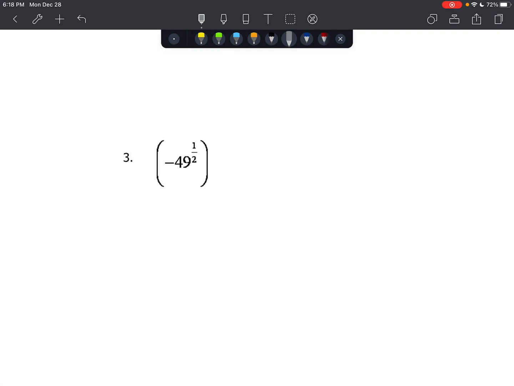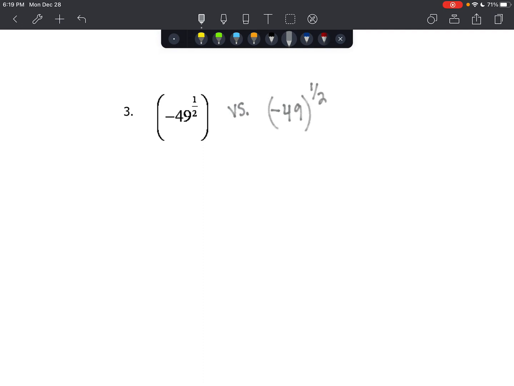Now in this next problem, I'm not sure if we meant to type the parentheses the way we did. I should say, instead of "or," maybe "versus." Negative 49 in parentheses raised to the 1/2 power. Well, negative 49 to the 1/2 power, without the parentheses, is the same thing as the problem we just did. It's still negative 7.